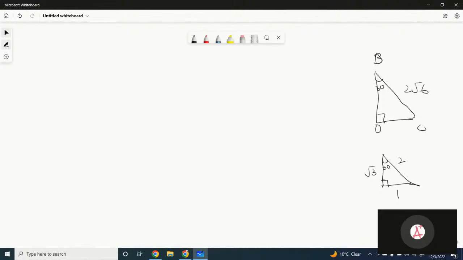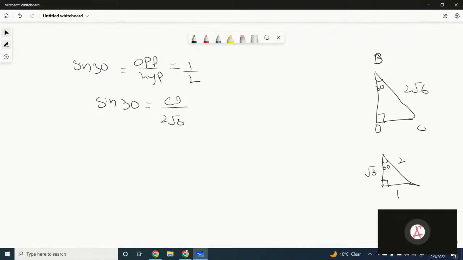So in the special triangle case, sine 30 is opposite divided by the hypotenuse, which is 1 over 2. Got it? Now you have to find CD of the triangle. You have to use the sine of 30. Sine of 30 is CD divided by 2 square root 6.